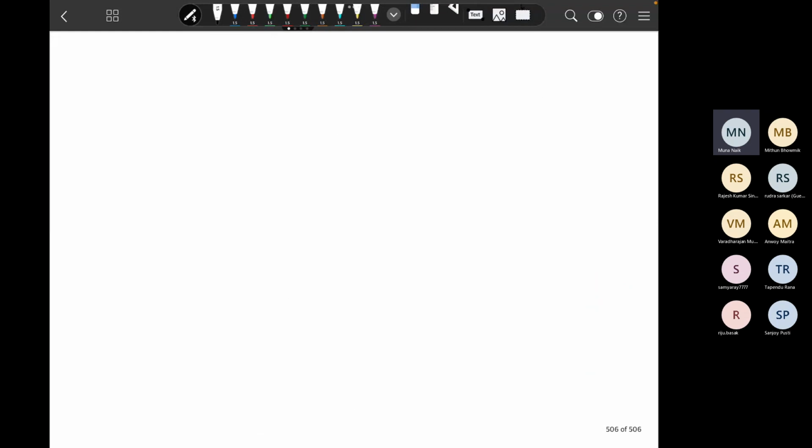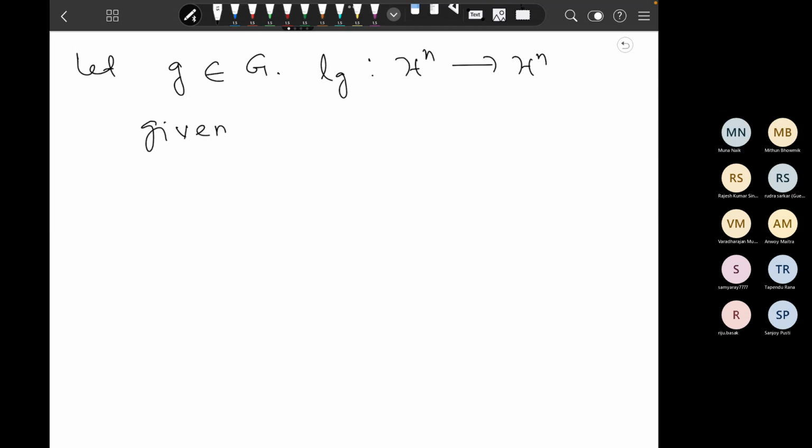Now let g belong to this G. Then this L_g is a map from Hn to Hn, given by L_g(m) = g·m, and g is a linear map. So this is really g applied on m.